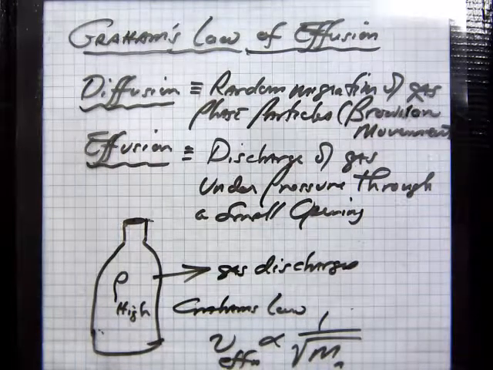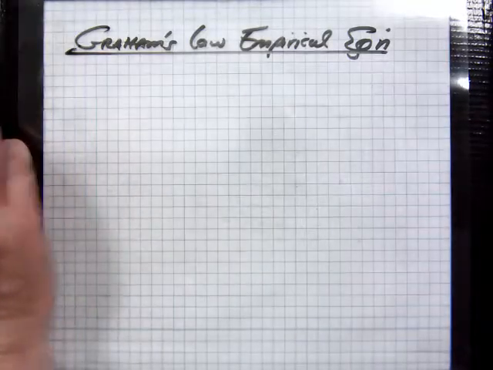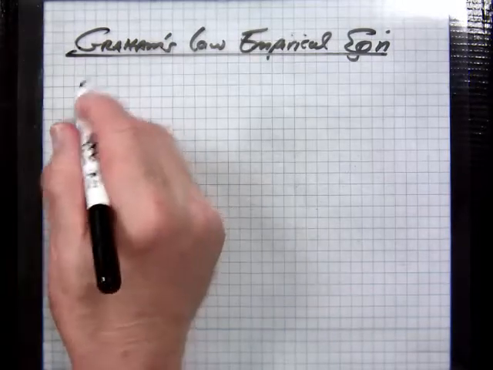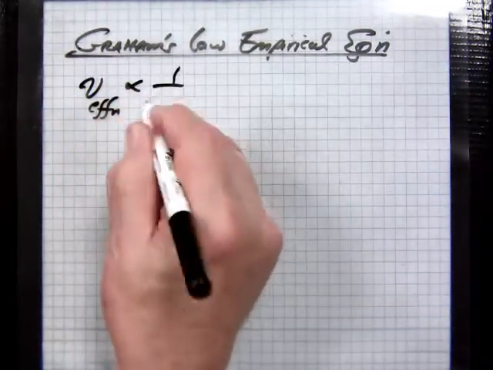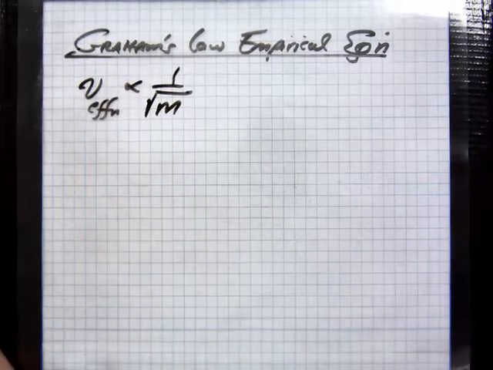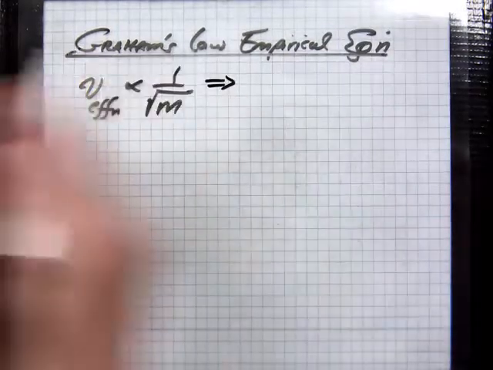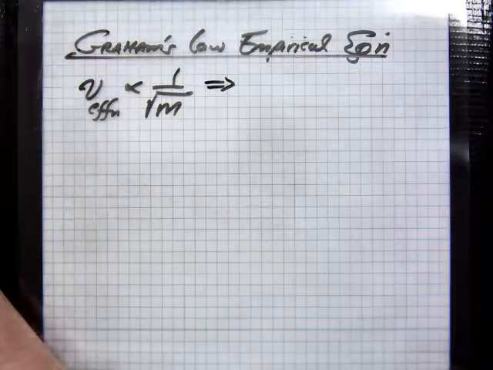Now, an empirical equation can be derived out of Graham's law. Graham's law, as I just said, the velocity of effusion is proportional to 1 over the square root of the molecular weight. Now, we can apply the same principles that we used in developing the empirical gas law equations, Boyle's law, Charles' law, and so forth.